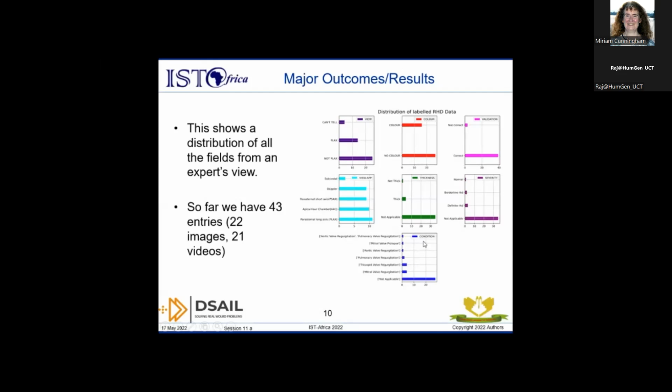There are also a couple of conditions that were seen in some of the patients, and as you can see, some of the patients had more than one condition. So far, we've been able to get 43 entries from the web app. You can understand because cardiologists' time is so important and they have so little time. We are hoping we'll get more labeled data from the cardiologists.